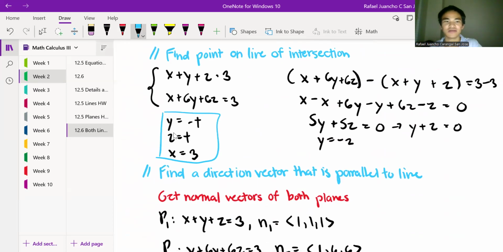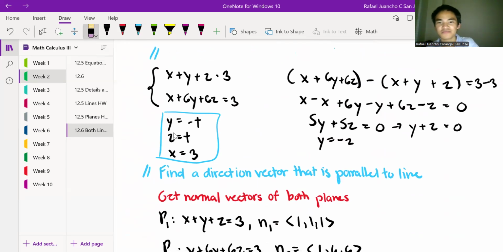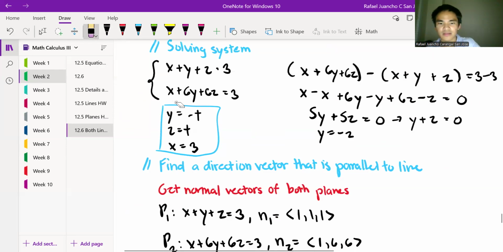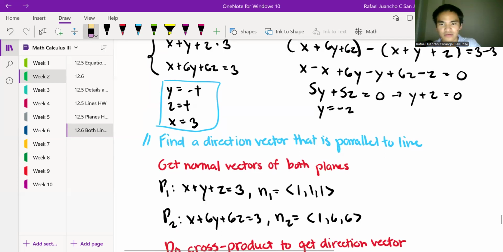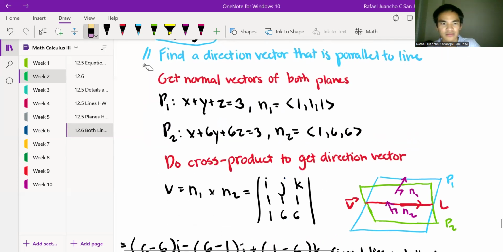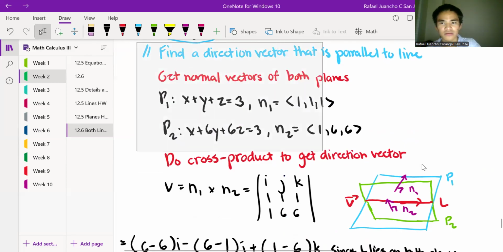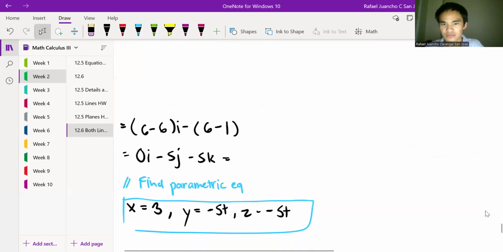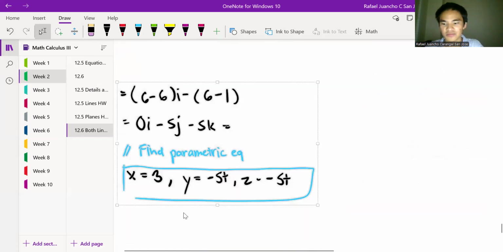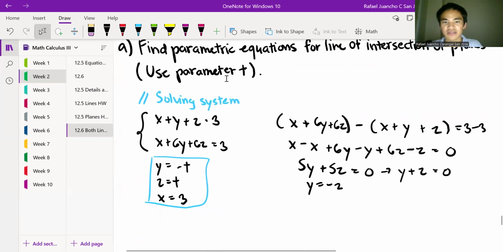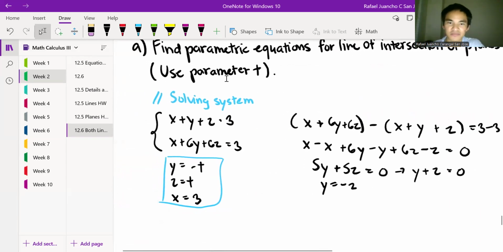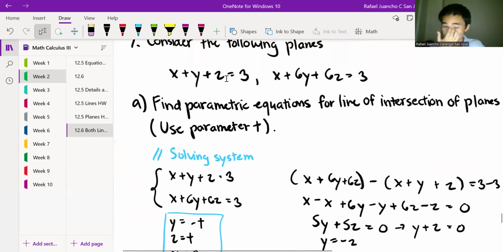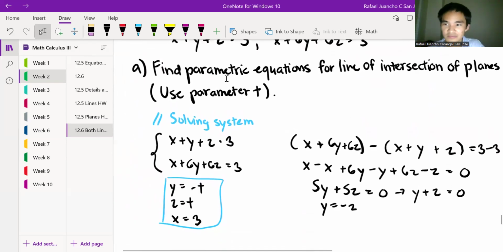We were able to find it just by solving the system. So it's one of those tricky ones. Yeah, I didn't need this because it wasn't general. That's the problem. So whenever we have general cases like this, we might as well solve the system. So that's the idea. If we're given two planes, we just solve the system and we get it.